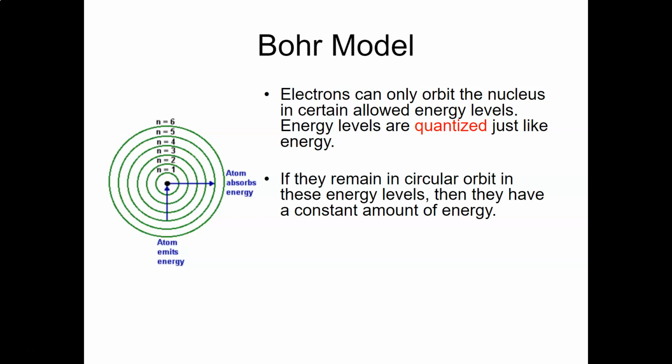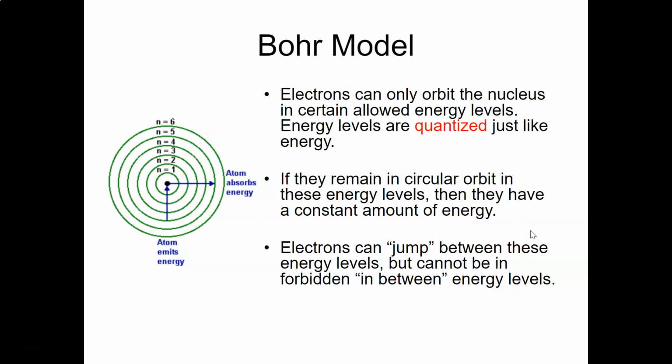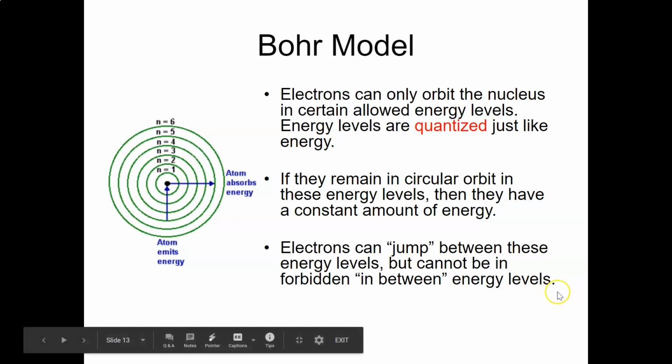If they remain in that circular orbit in these energy levels, then they have a constant amount of energy. However, if they want to move, they have to absorb energy or give up energy in order to get to a new ring. They can't go in between the energy levels, which is why we say that energy levels are quantized.